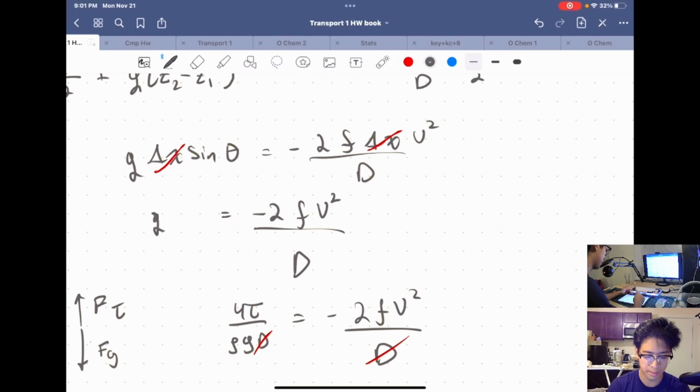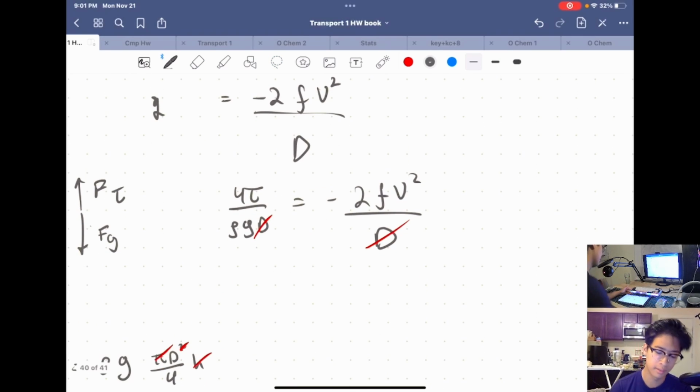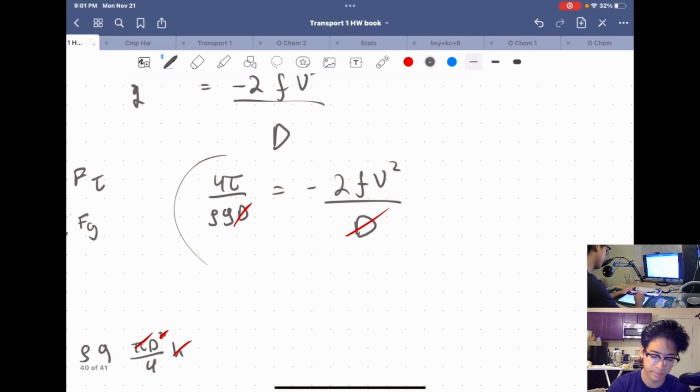Now, we need an expression for shear stress, and this is all in terms that we can solve for.